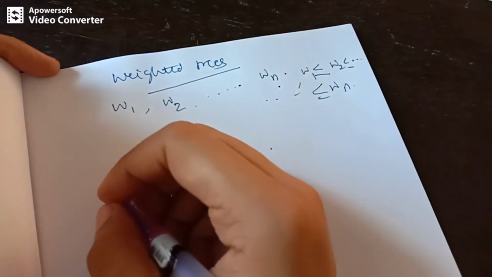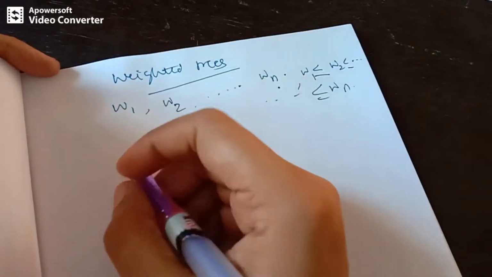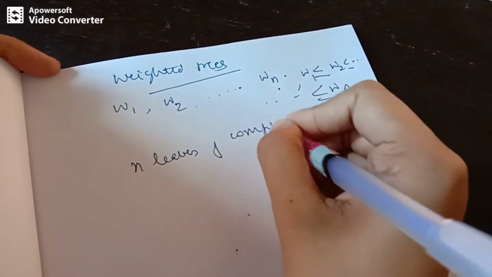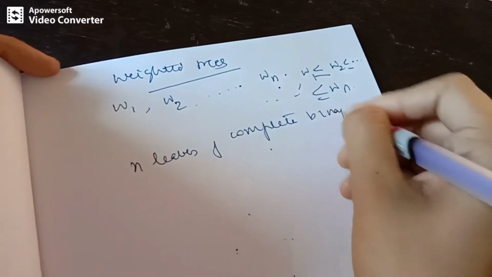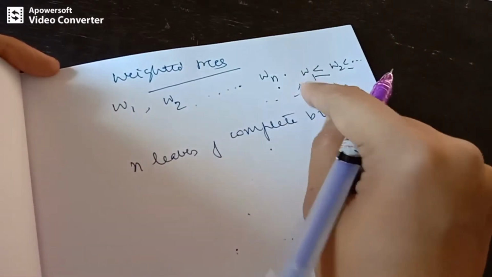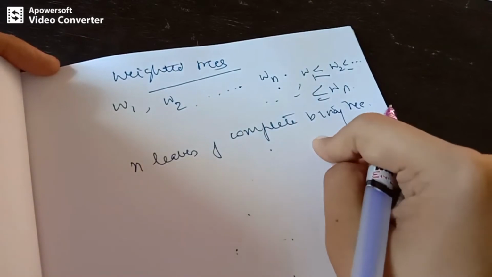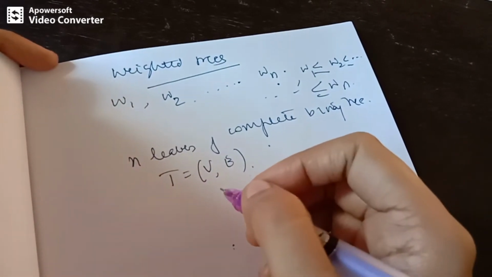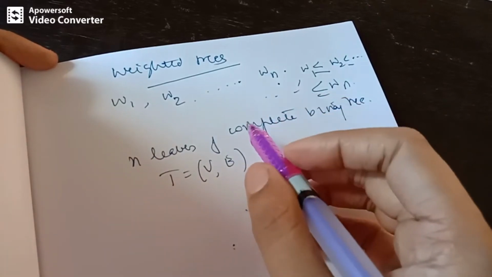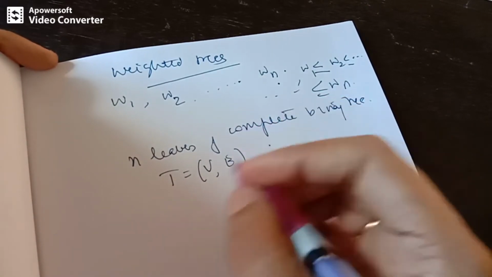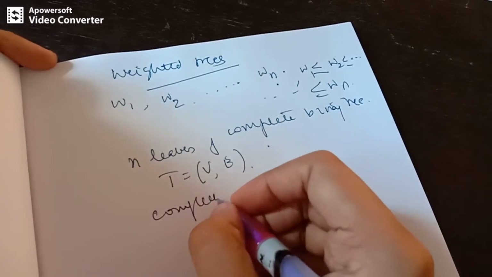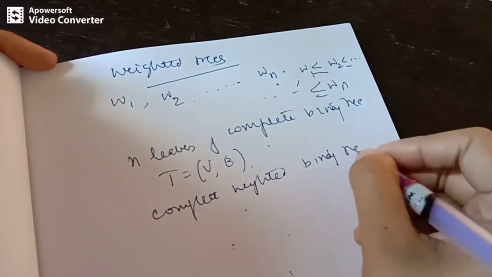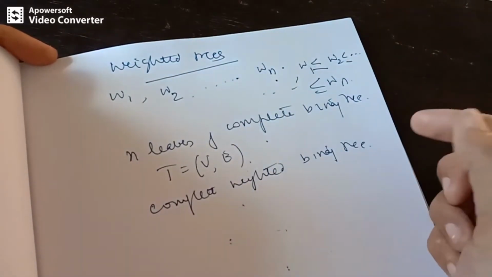And let's say we assign these integers to the n leaves of the complete binary tree, and the tree is represented with the vertex set and edge set. So this resulting tree is called a complete weighted binary tree with these weights.